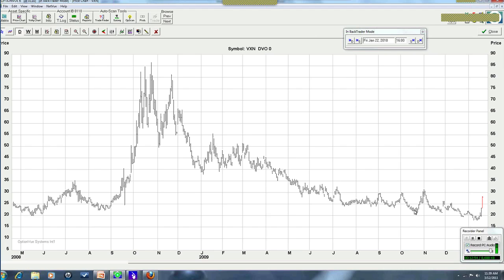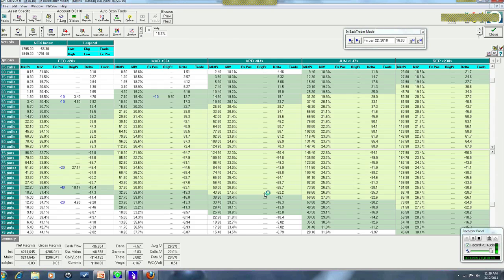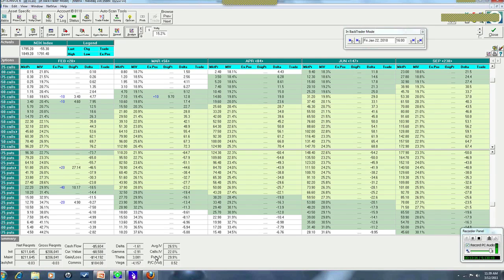Since we had an increase in vol, that's when I started the naked straddle, to take advantage of a higher vol. Of course, I could have waited and got a higher vol, but one doesn't know. So we started out like this, and this is how we finished the day, and this is what the position looked like at the time.